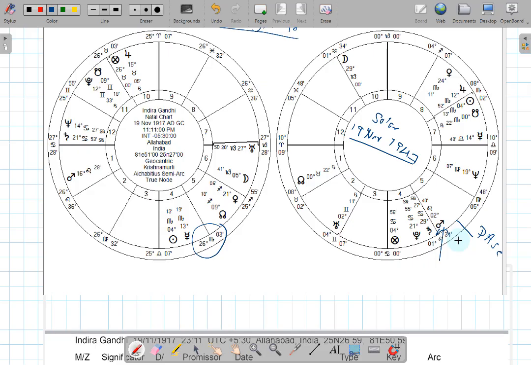So obviously we know she was blessed with a boy, Rajiv Gandhi, a son. So this definitely gives clues about childbirth. And also remember that Indira Gandhi was born at night, 11 p.m. So it's a nocturnal chart, and hence Mars is a benefic of the sect. When I say benefic, it's not truly benefic. It's in sect, not out of sect.